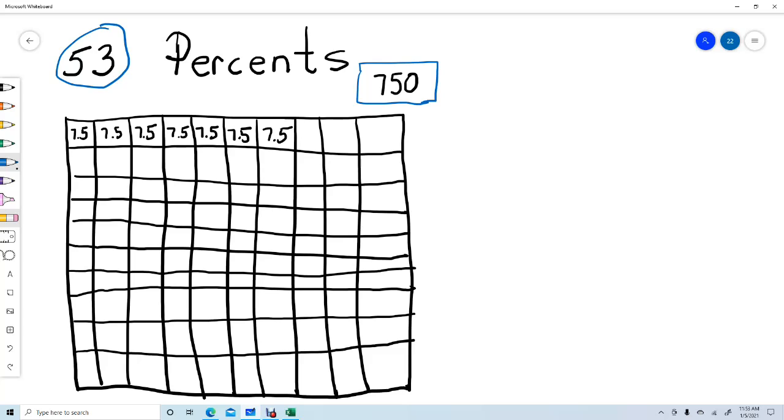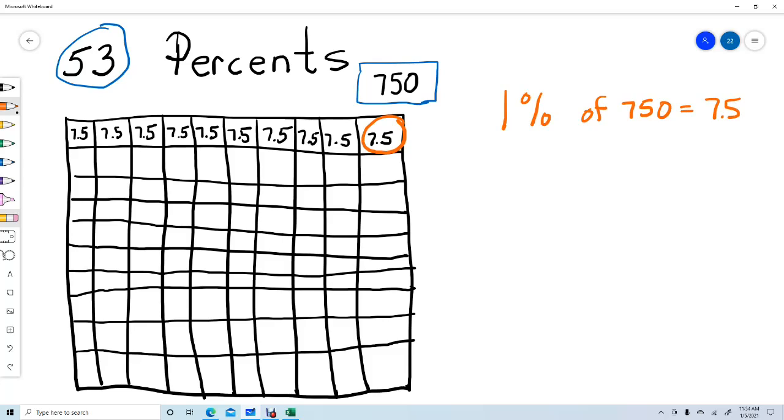If I divided this into 100 boxes, and I were to take the number 750 and divide it into 100 pieces, there would be 7.5 in each box. 7.5 plus 7.5 plus 7.5. 7.5 100 times would give me 750. This is 100 boxes, so if I take one of them, 1% is 7.5. So I can say that 1% of 750 equals 7.5.